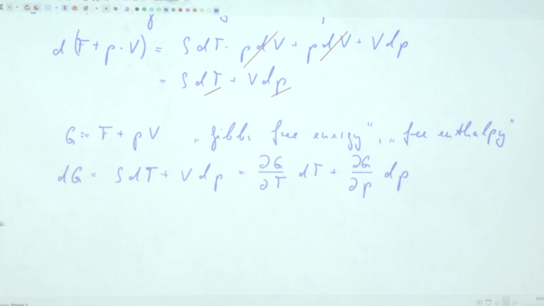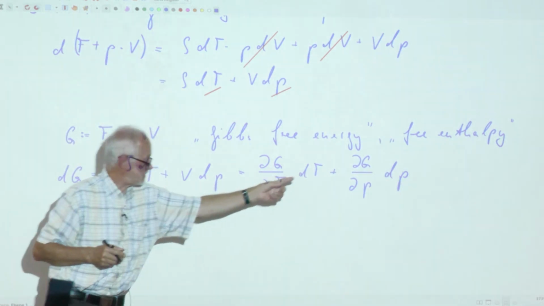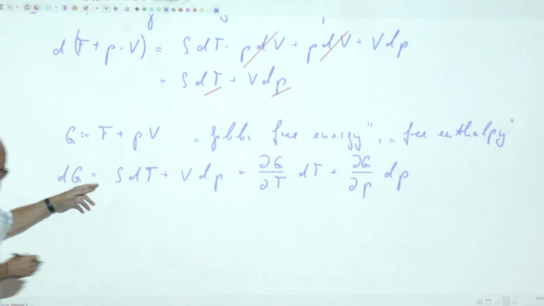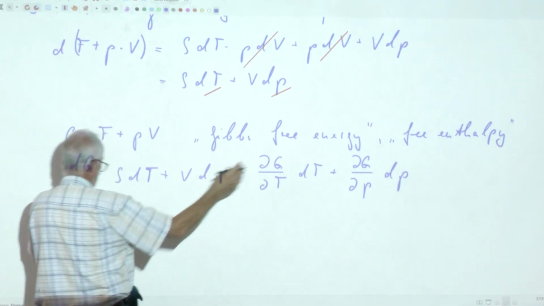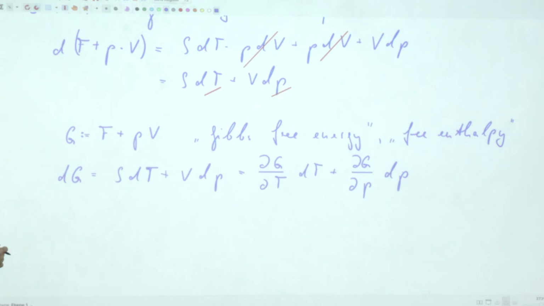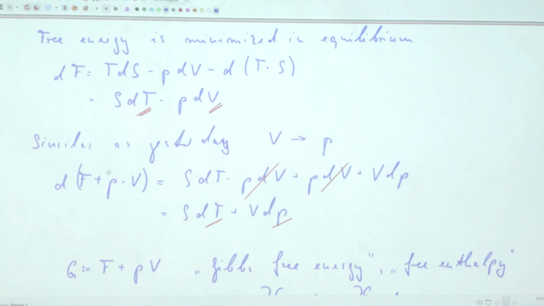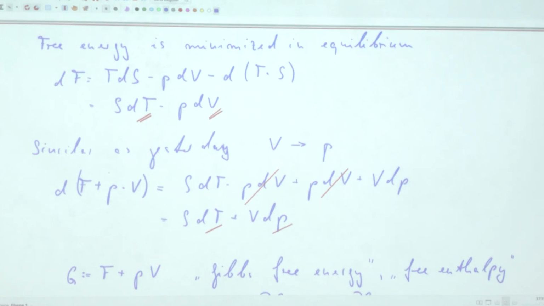Yeah, that's just the definition of such a total differential. And this means that S is minus dG/dT and V is dG/dP. I think somewhere I lost the minus sign. Oh yeah, here, yeah, you're right. And already above here. I think it's also here.